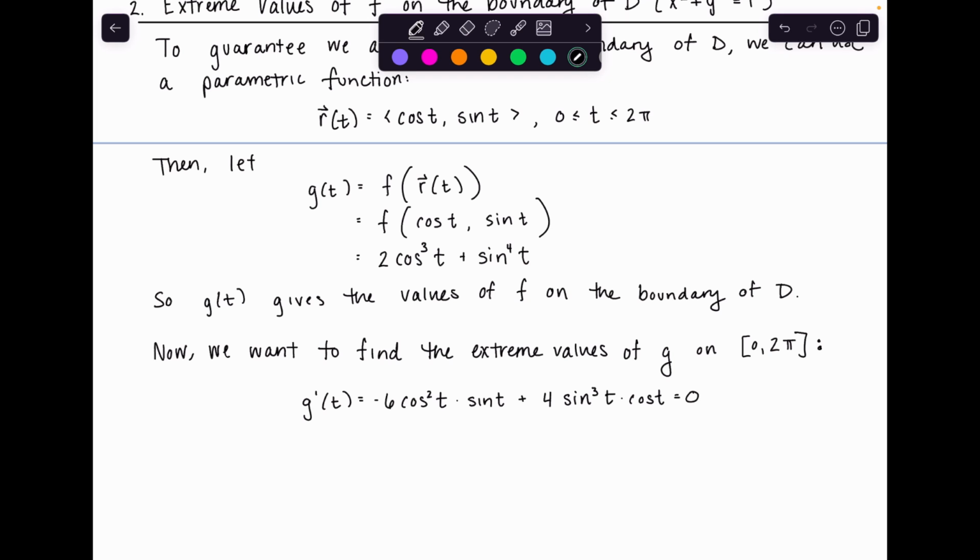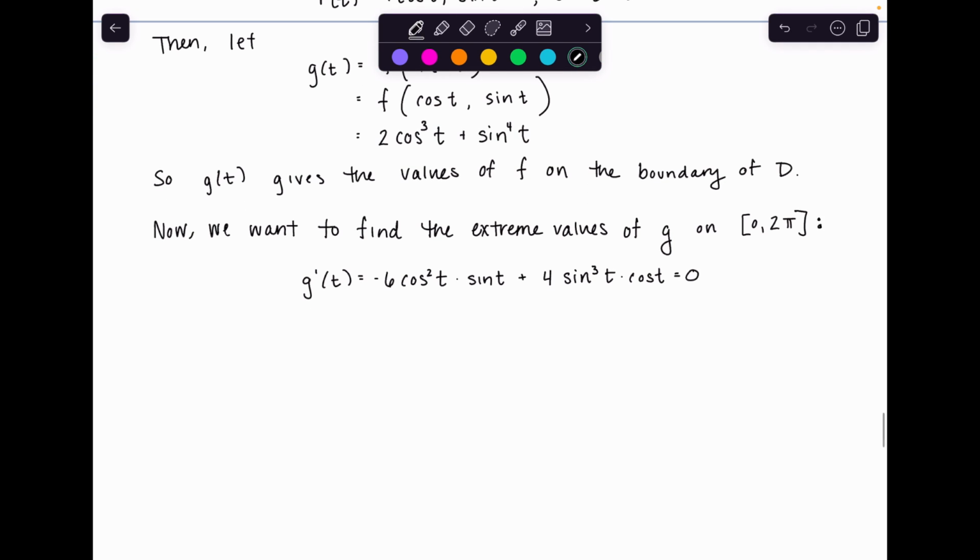Okay. So at least we can do a little bit of factoring out. We've got -6 and 4 as our constants. I'm going to take out a -2. They also both have at least one sine and at least one cosine. So I'm going to factor both of those out as well. So we can take out a cosine of t and a sine of t.